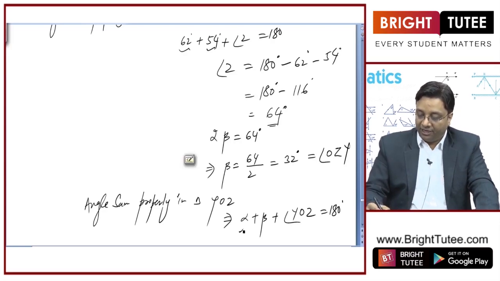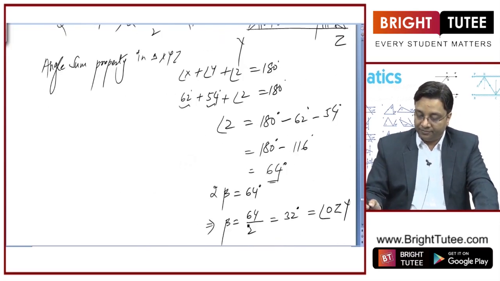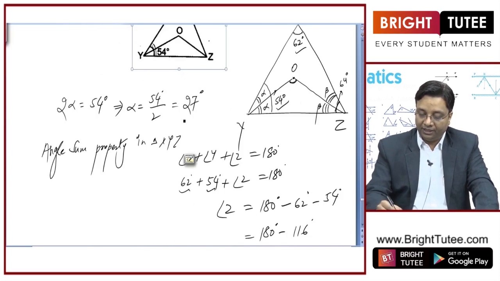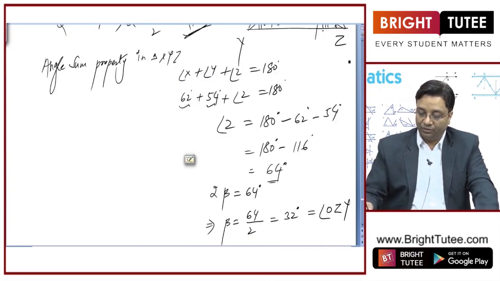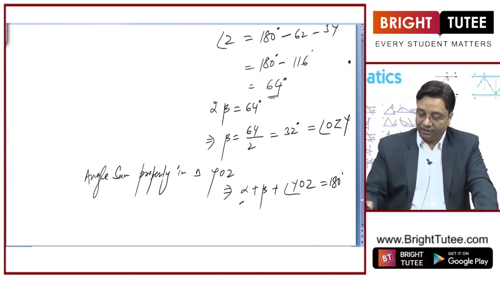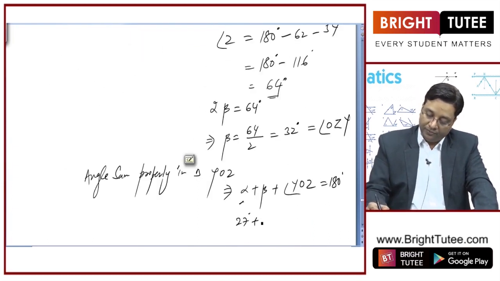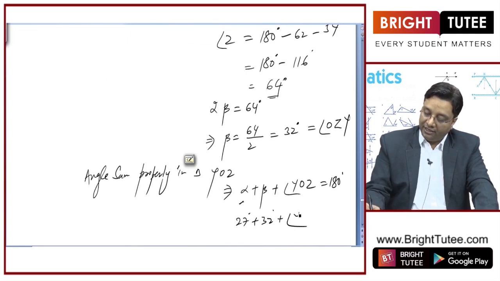Alpha I know is half of 54, that is 27, and beta I know is half of 64, that is 32. So 27 plus 32 plus the required angle YOZ is equal to 180.